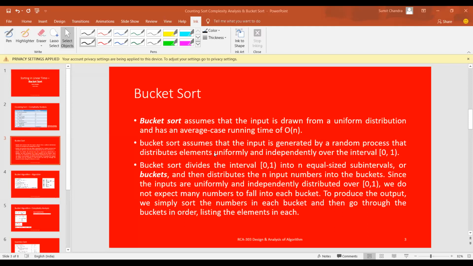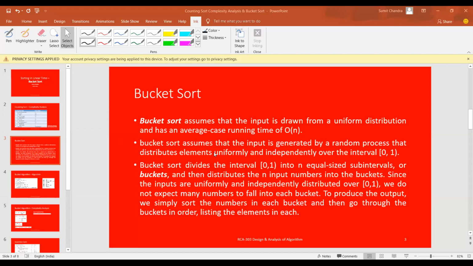What we want is that values must be between 0 and 1, where 0 is inclusive and 1 is exclusive. It means 1 cannot be a value. So we will convert them by dividing every value by 10,000. Dividing, we get 0.0111, 0.0090, 0.236, 0.0077, 0.4141.